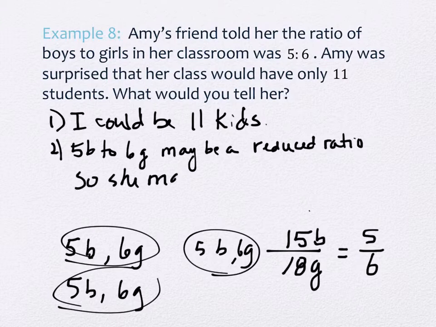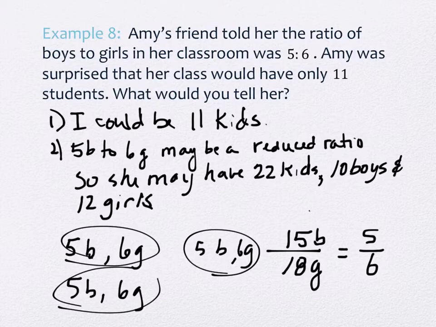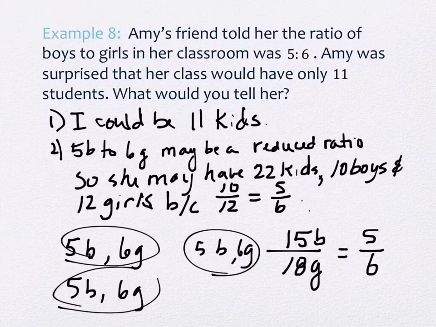So she may have, and we'll use the 22 now as an example because that's probably the most realistic one, she may have 22 kids, which would be 10 boys and 12 girls, right? Because the 10 to 12 ratio equals the 5 to 6 that she was told by her friend. Does that make sense? All right.